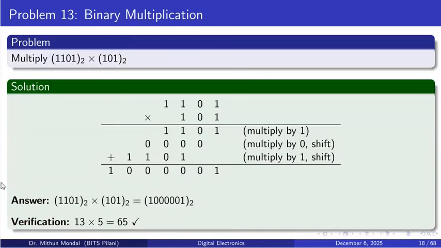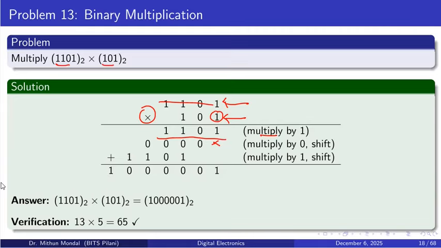Let us take the first example where we multiply two binary numbers. The first binary number is 1101 and the second one is 101. We are going to do the multiplication. First we multiply by 1, so multiplying all the bits by 1, we get 1101.